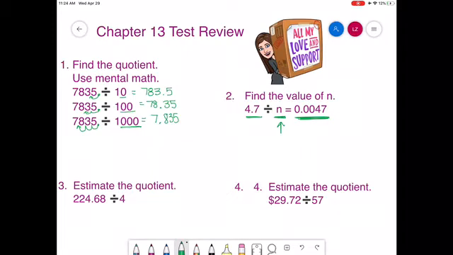Okay, so let's figure this out. We said that if we are going to take 4.7 and divide it by something to get 0.0047, well, what did we do to the decimal point in 4.7? It used to be right here, but we ended up moving it 1, 2, 3 spots over to here to get our answer.